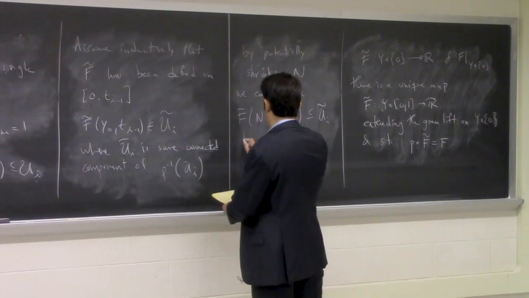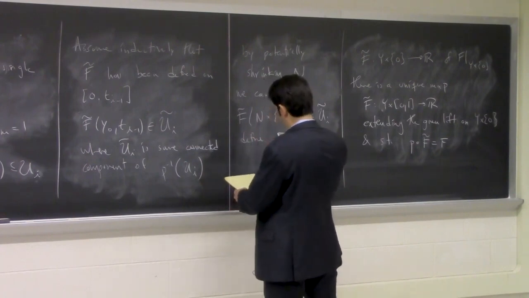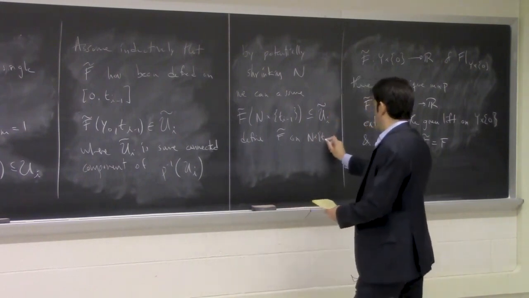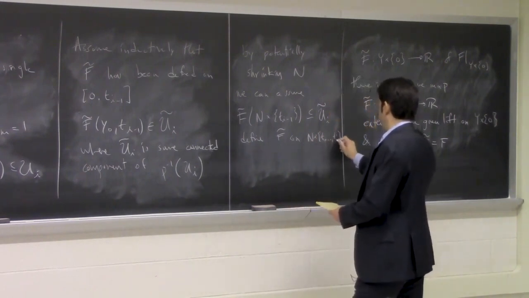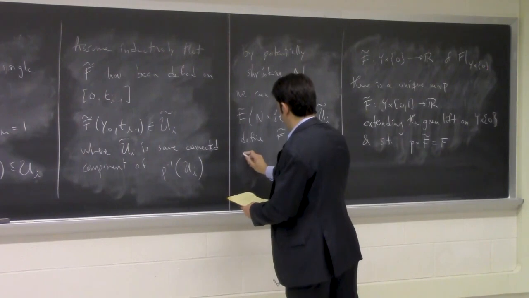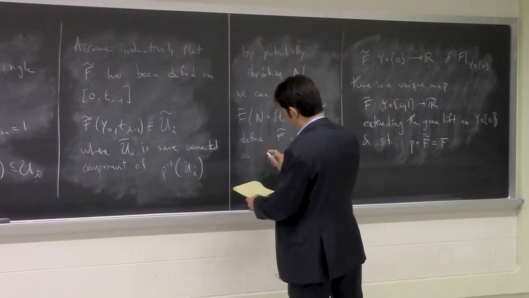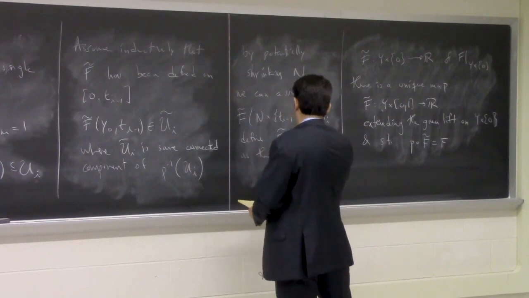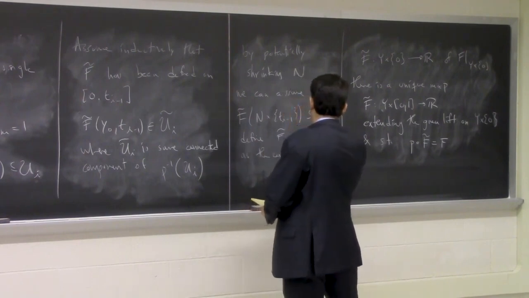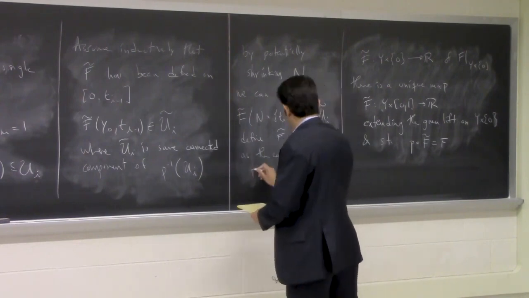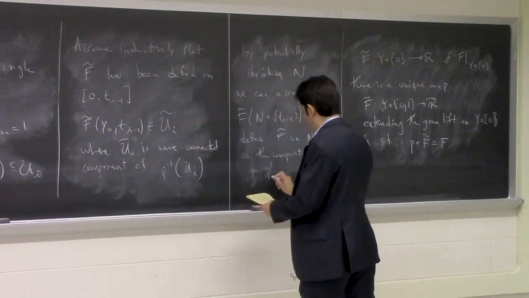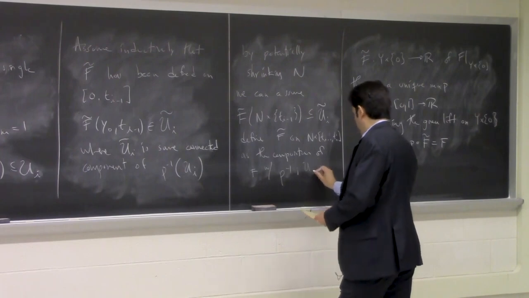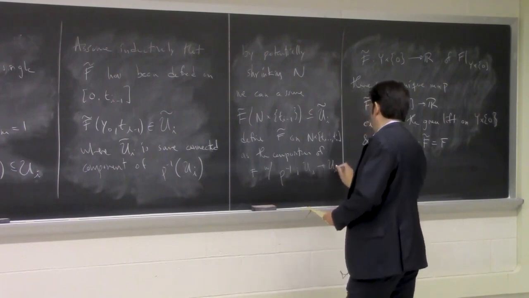So we define f tilde on N cross [t_{i-1}, t_i] as the composition of f with the inverse of p from U_i to U_i tilde.